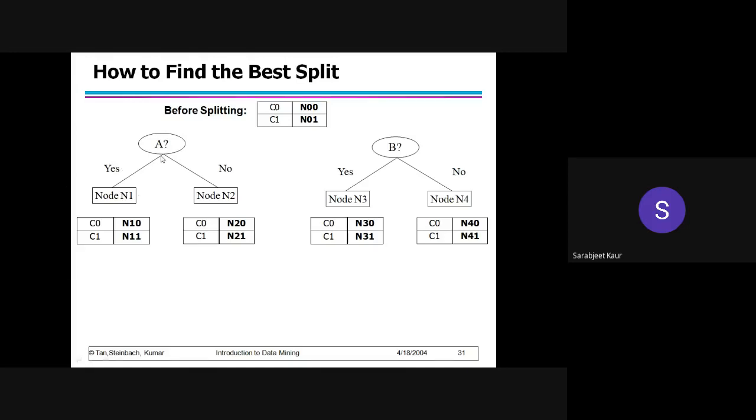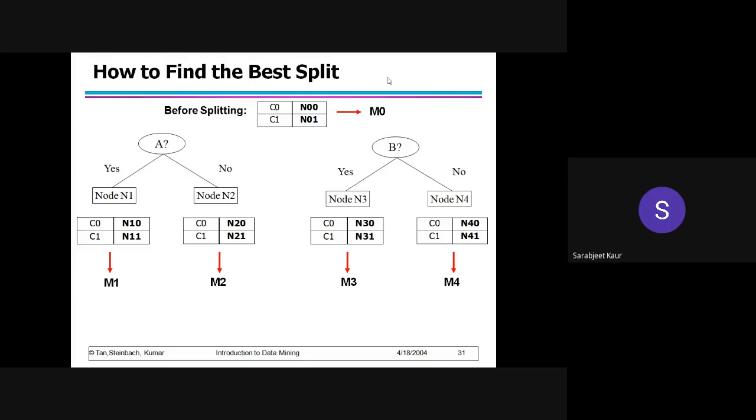So when I split A into, let's say, two nodes N1 and N2, then these are the corresponding class distributions at each node. Let's say that we use some particular metric, maybe the Gini index or entropy or misclassification error or any other.